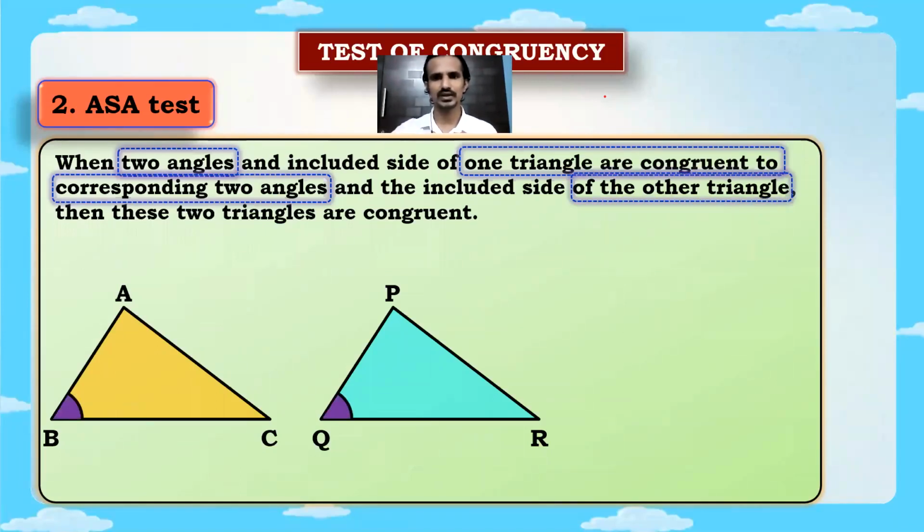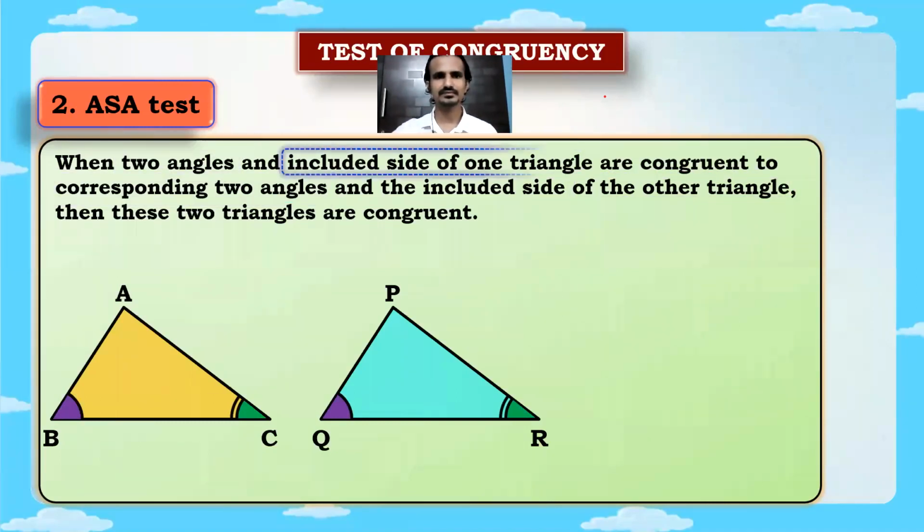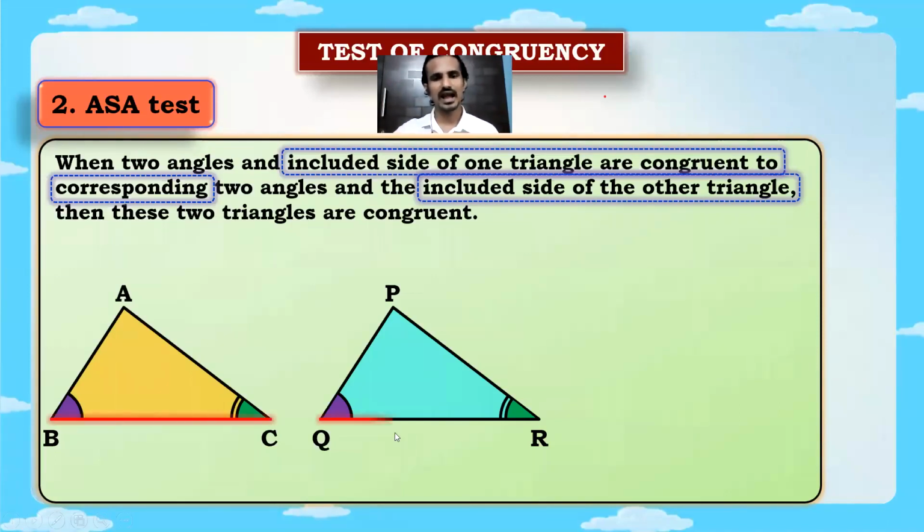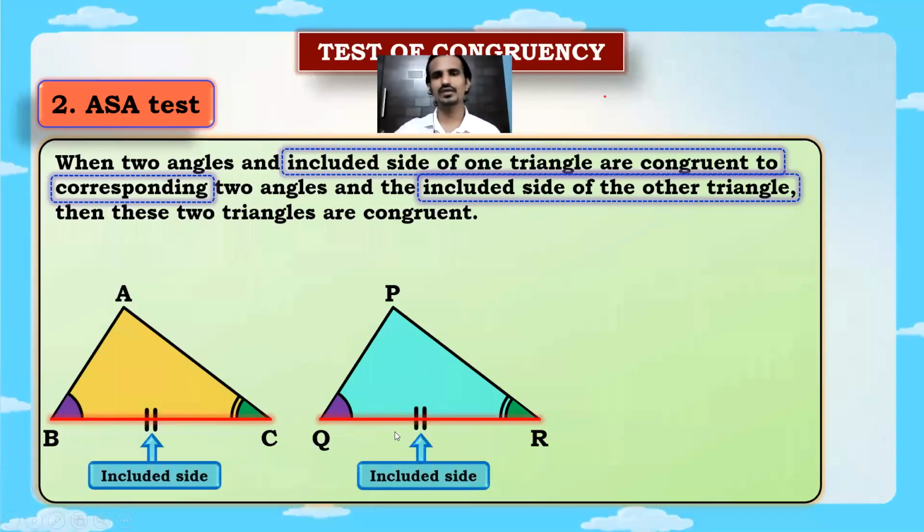Angle B and angle Q are equal. Then angle C is equal to angle R. All right. And included side of one triangle congruent to the included side of the other triangle. So if you see the marking on the angles B and C, both of them are marked. Now the side that comes between angle B and angle C, that is said to be the included side. So BC and QR, this is a pair of included side.